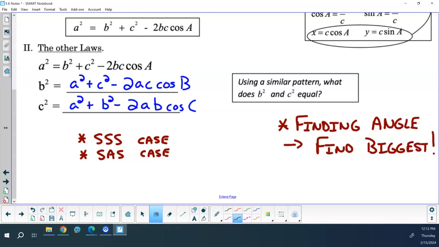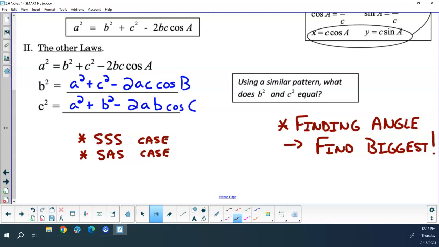Okay? With the law of cosines, we're going to find the biggest angle first, because inverse cosine lives up in quadrant 1 and quadrant 2, which allows us to get an obtuse angle.